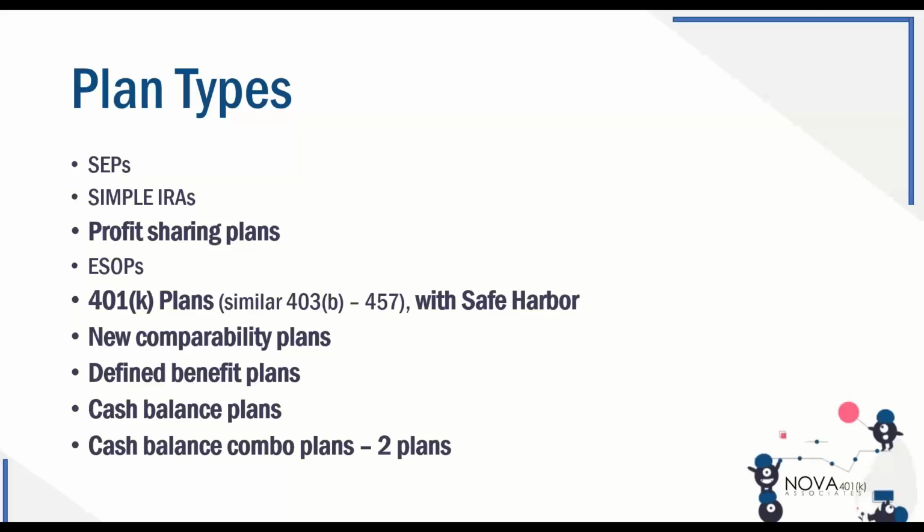So here's a screen just showing a lot of different types of plans, and this is the complexity ladder in reverse order.